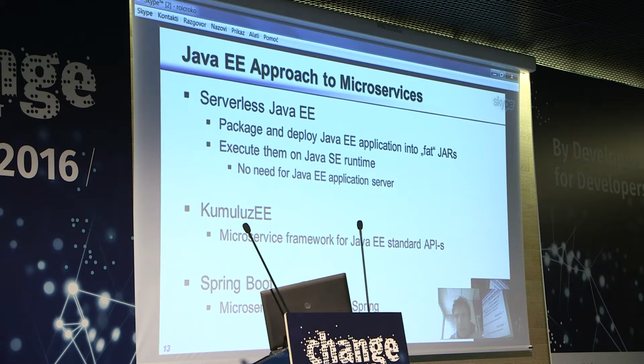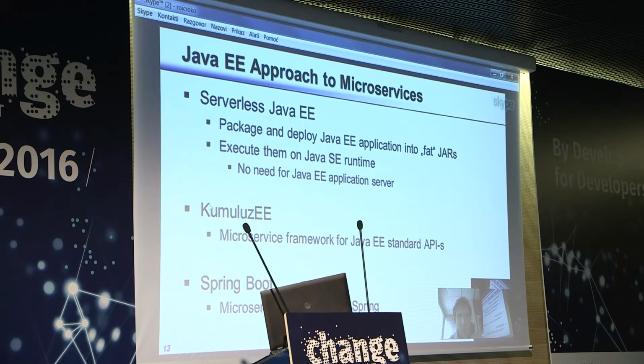There are actually two ways. One is the serverless Java EE. The serverless approach to Java EE goes in the direction that you package and deploy your Java EE applications into fat jars and execute them on the Java Standard Edition runtime only. So you don't need a Java EE application server.